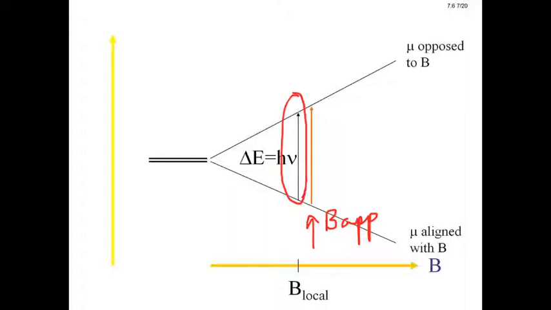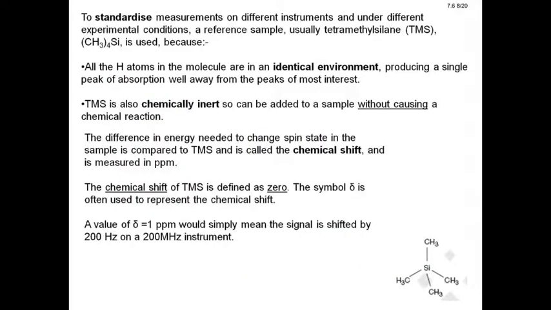So this one here has had a slight shielding from the electron densities that it's experiencing, and therefore its B local is a little bit less than B applied. You see that? Yeah, because the electrons partially shield from that externally applied magnetic field. That's what that one's saying. Okay, now let's just push on. This is going to be a long session anyway.